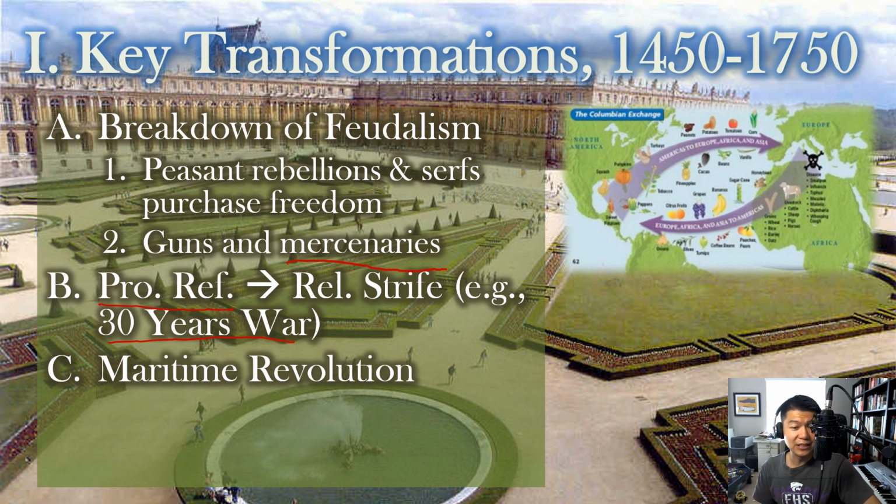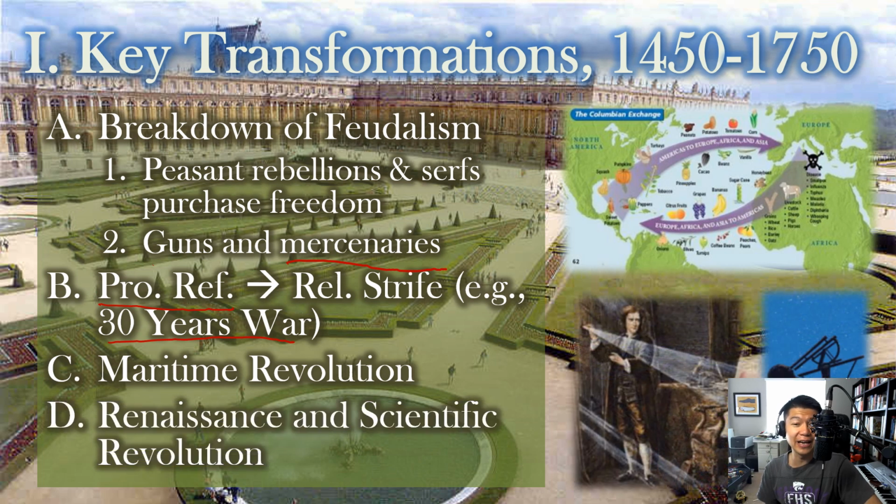In both of these cases, it's going to result in the limitation of the power of feudal realms and lords and nobles. To add to this, there is much more revenue that is brought in by these new budding kingdoms from the global colonies that we looked at in the previous unit, in both the Americas and Africa as well.